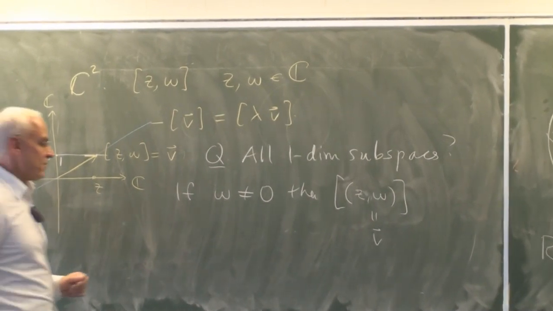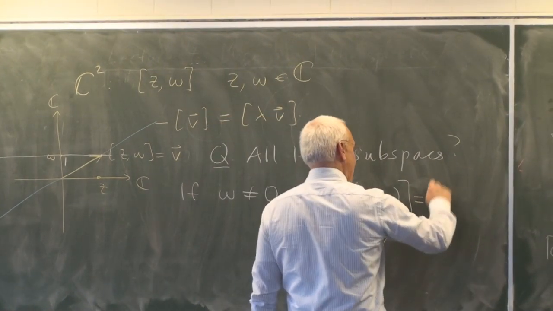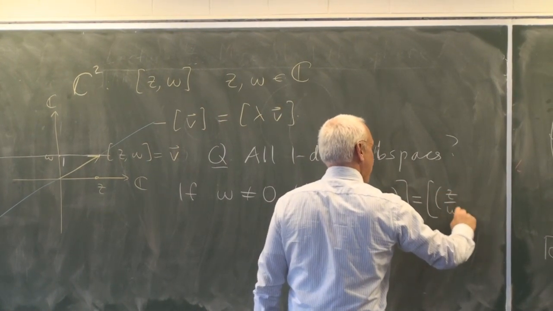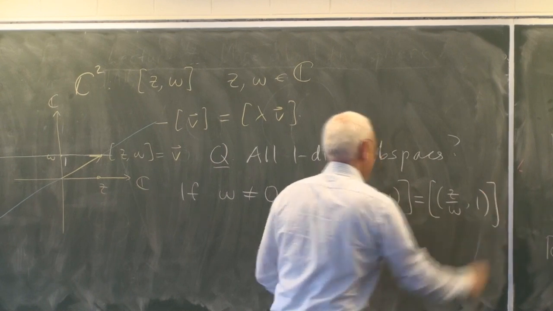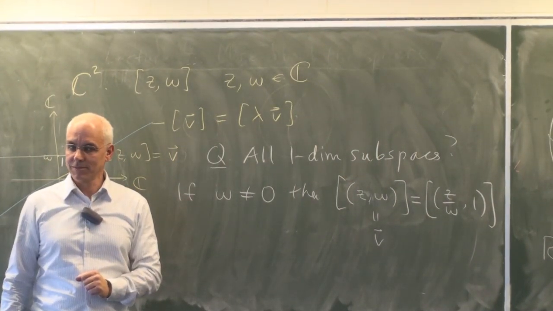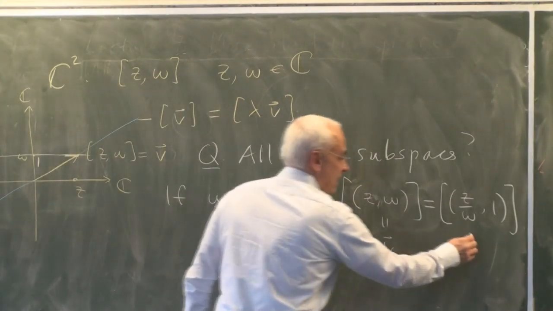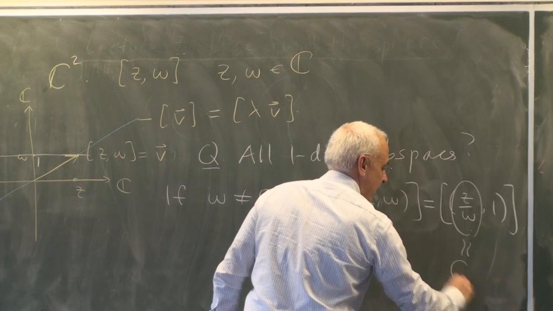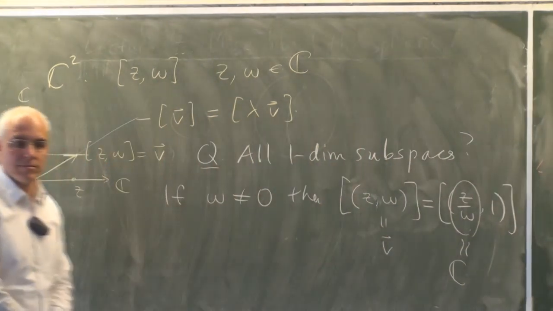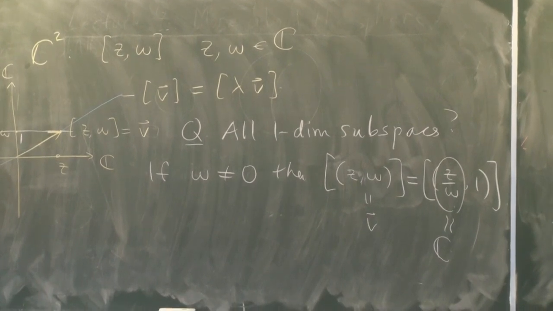So then this is the same as (z over w, 1), because we can multiply by 1 over w. So all those subspaces are indexed simply by a single complex number. And most subspaces are of that form.